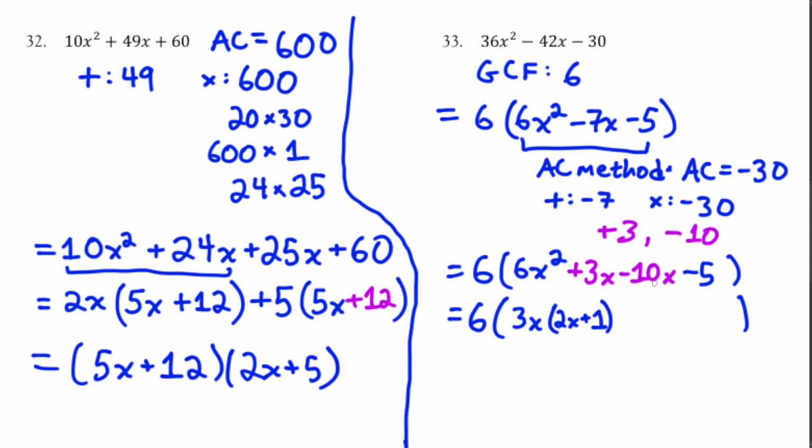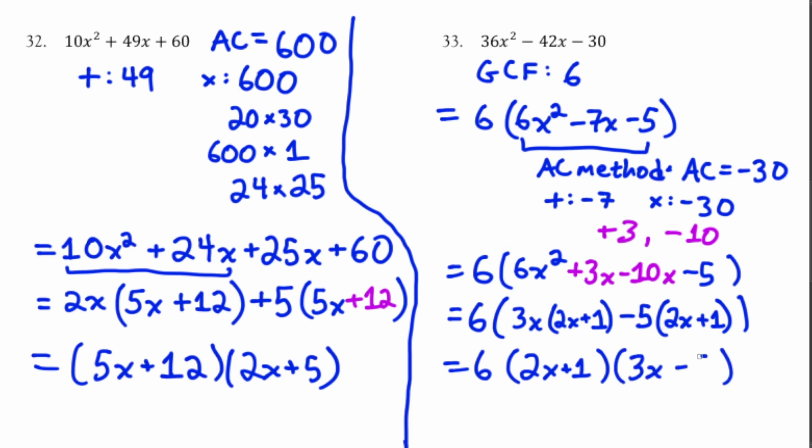The last two, they both have a 5 in common, but I'm not going to factor out just 5. I'm going to factor out -5. When I take -5 out of -10x, I get 2x. And when I take -5 out of -5, it's 1. So this thing after the 6, I can write it as 2 factors. I'll take out 2x plus 1, and what's left is 3x minus 5. Ooh, what a good problem. That's a really good problem.